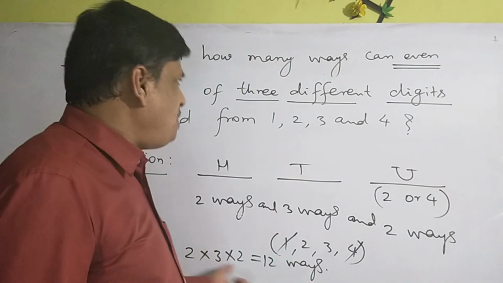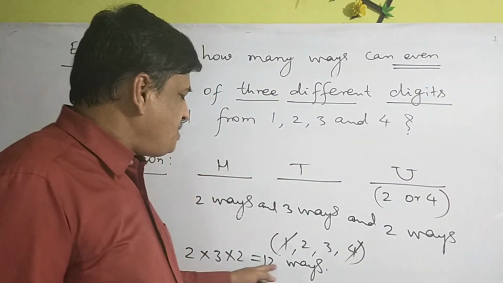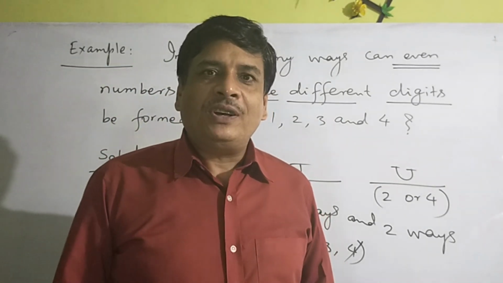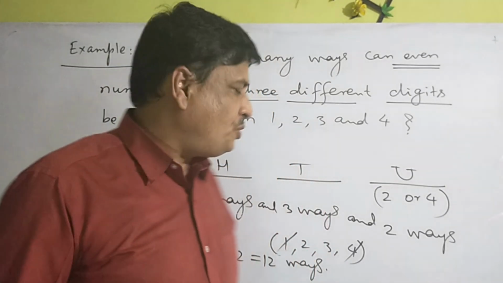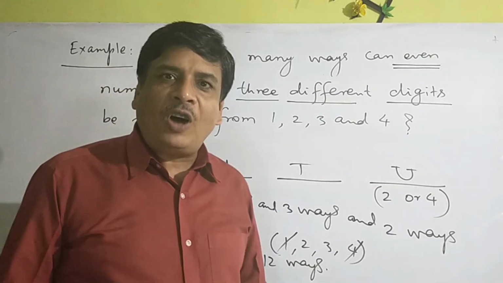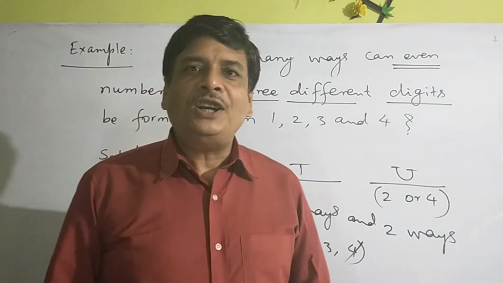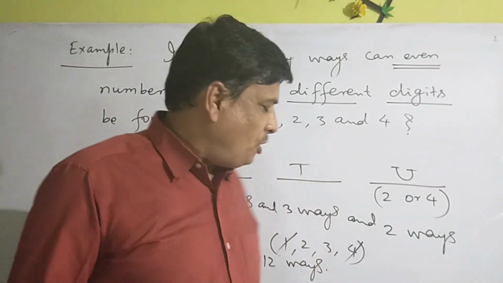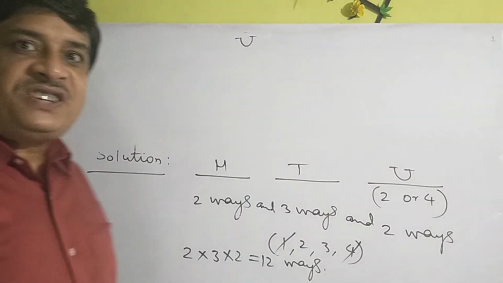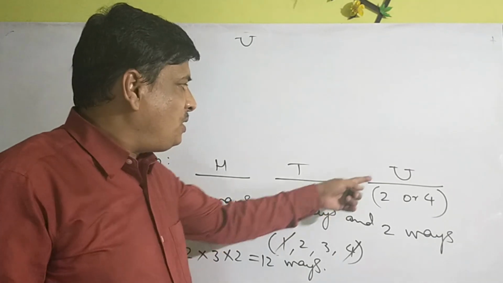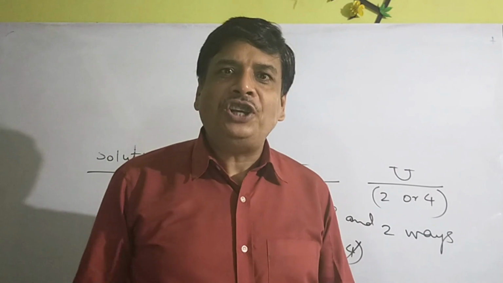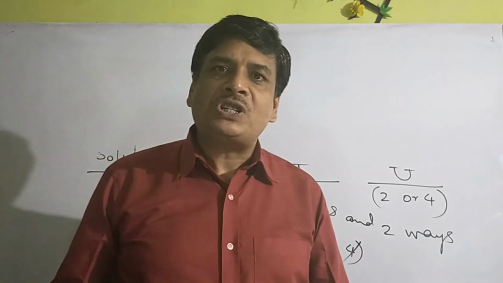We can represent this by the arrow diagram. This number is not so large, but while solving questions, every time it will not be easy to represent the total number of ways of forming numbers under certain conditions. In this question, the number is only 12, so we can count easily by the arrow diagram. We will start filling the vacant places with the unit place first, as this question has a condition. The condition is that the number must be even.